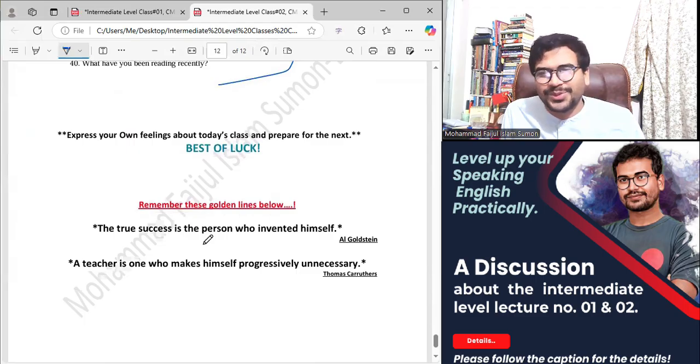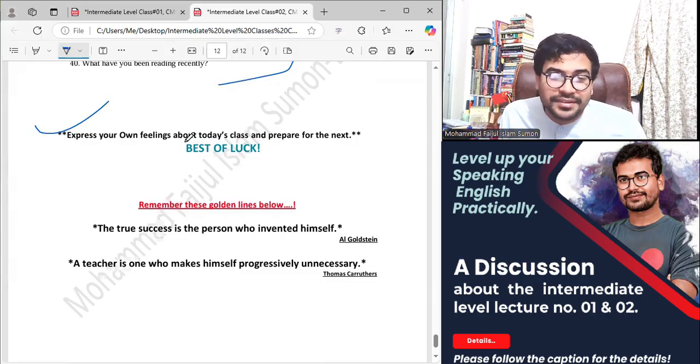And oh, I've come to the second last segment: express your own feelings about this lecture and prepare for the next. Okay. And here, the interesting matter is I have added two really good quotes. So remember these golden lines below.